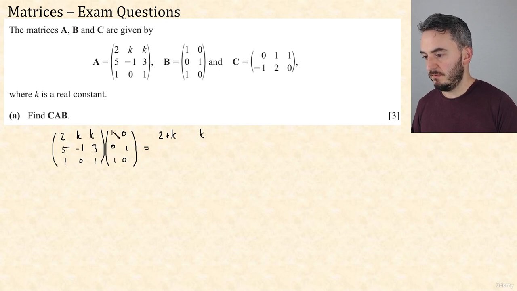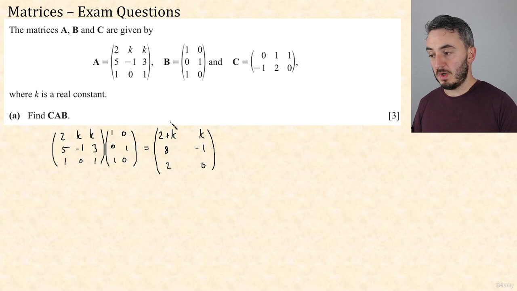Then it's 5 plus 0 plus 3, which is 8. And then it's 0 minus 1 plus 0. And on the last line, it's 1 plus 0 plus 1. And 0 plus 0 plus 0. So there is AB.